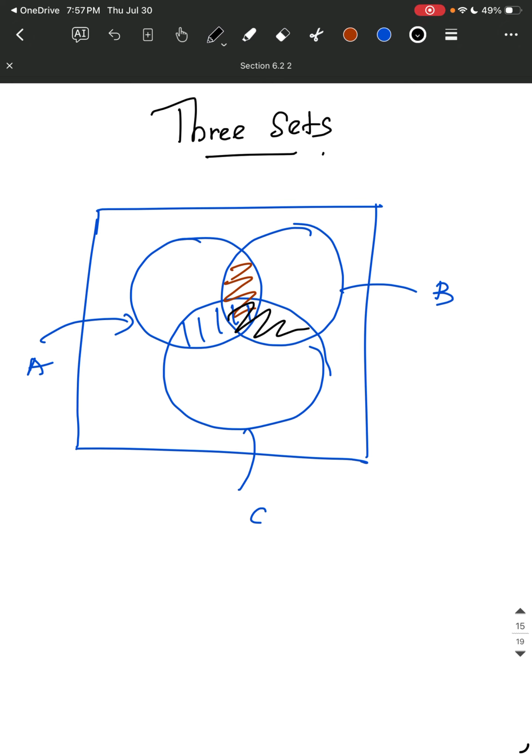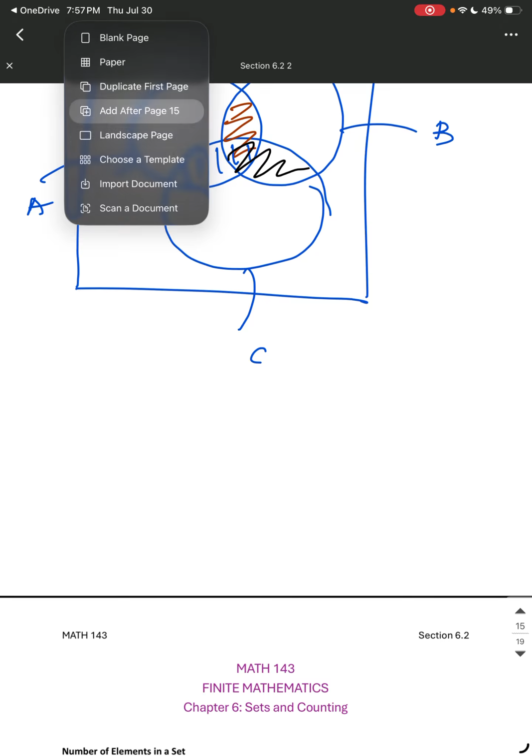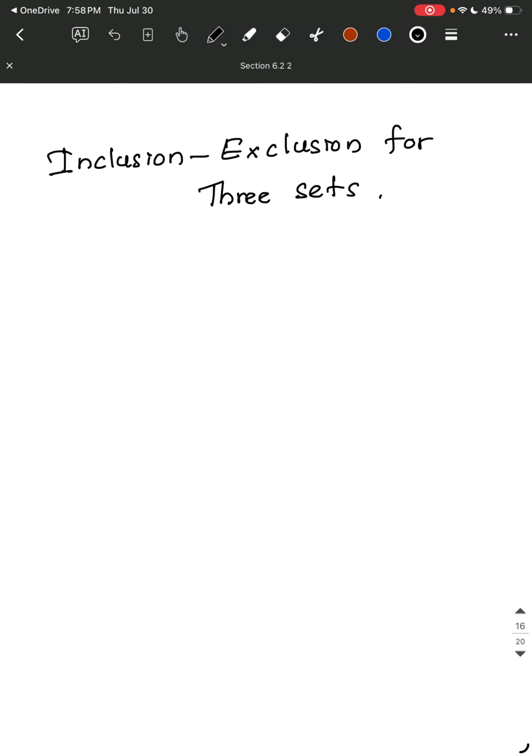Inclusion-exclusion for three sets. Okay, we don't want to go for the proof.